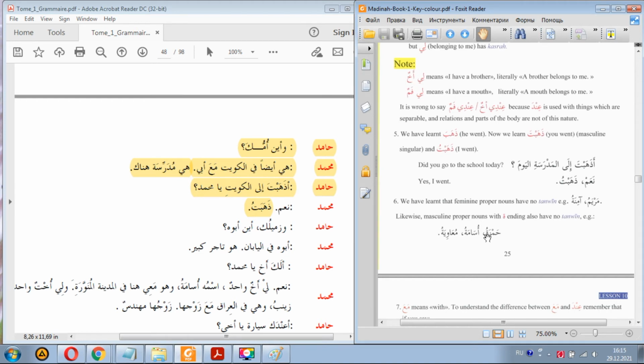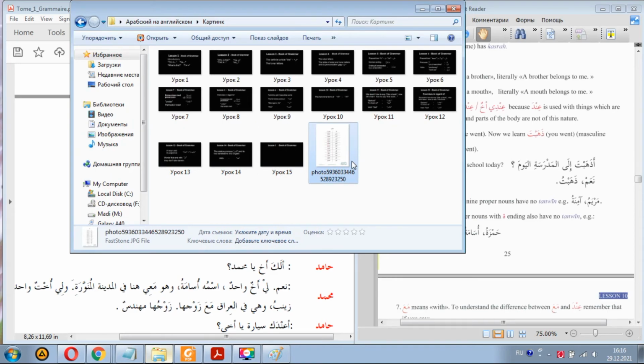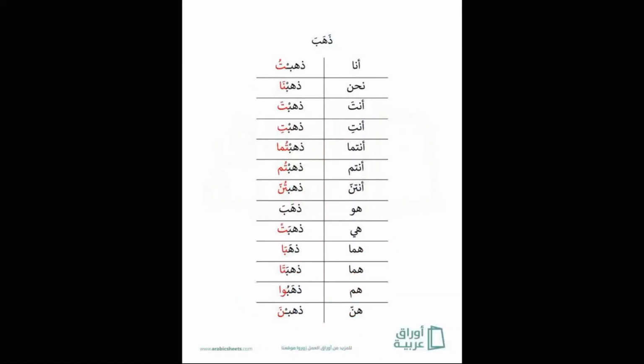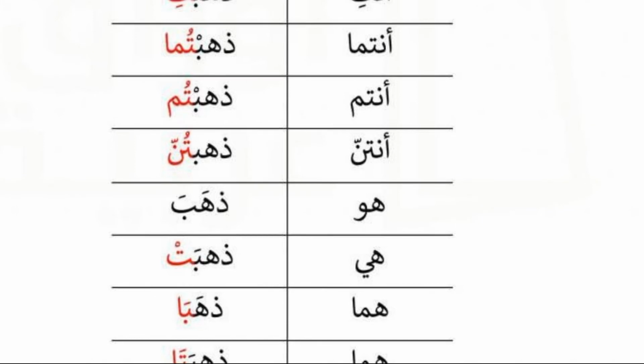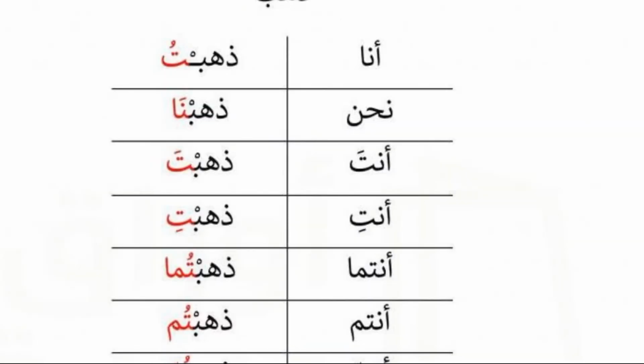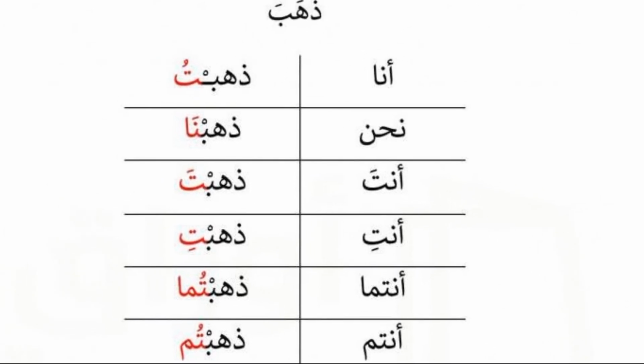And that's how it works in the Arabic language. And there are more of them. I want to show you a picture. If you want to say, for example, he went, you find a pronoun he, which is huwa, and it says ذهب. If you want to say I went, you find a pronoun I, ana, and you see that the form of its verb is ذهبت.